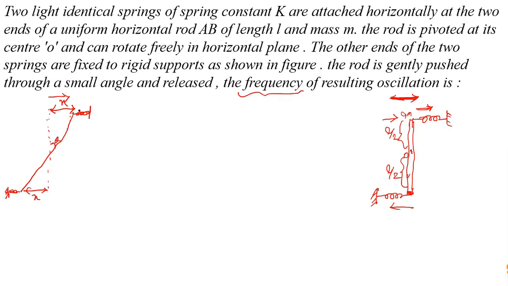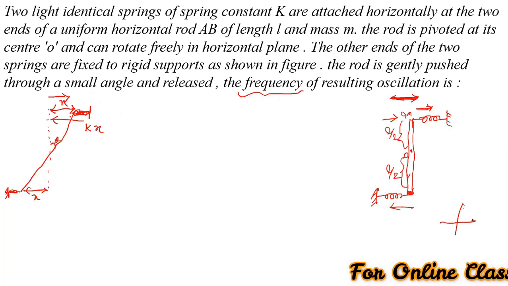When we compress it, we know that in a spring system, an opposite spring force will act, right? Kx. And as I explained when teaching the spring system, if x is positive, the force is negative.